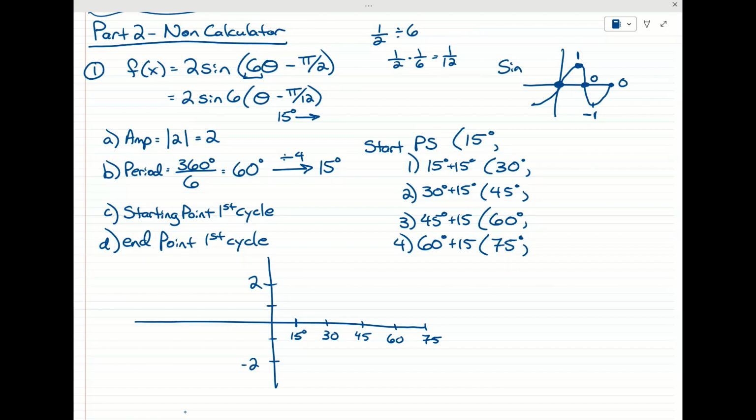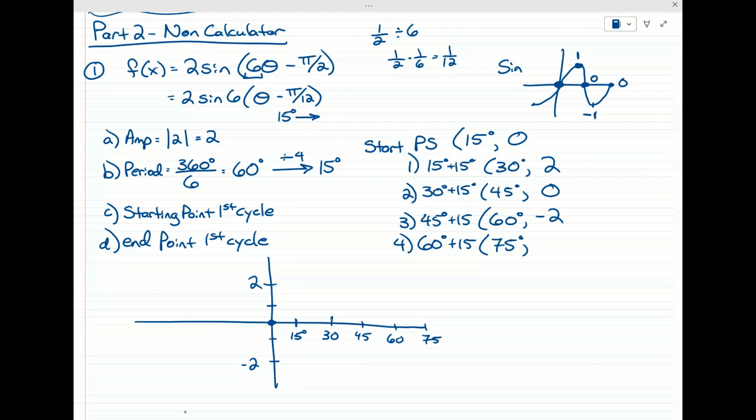So usually it starts at 0, so we're going to put 0 right there. The next point is going to be 1, so multiply that by 2. We get 2. 30, it's going to be 0. 45, it's going to be -2. Oh, wait, hold on. I didn't include the phase shift.